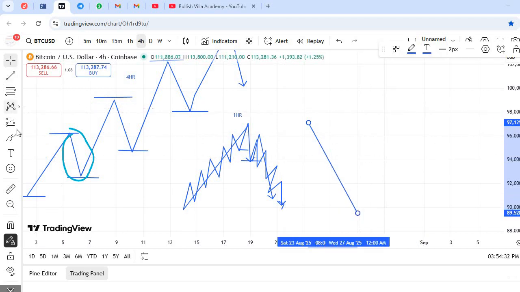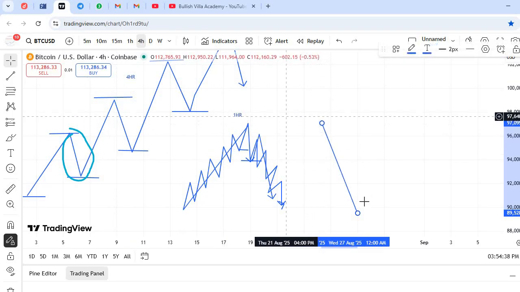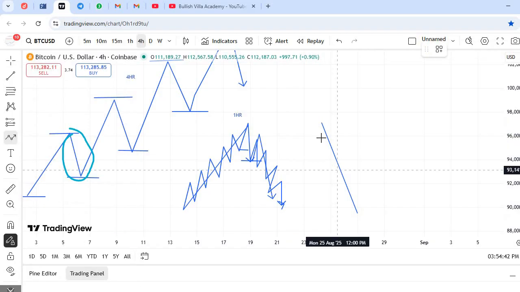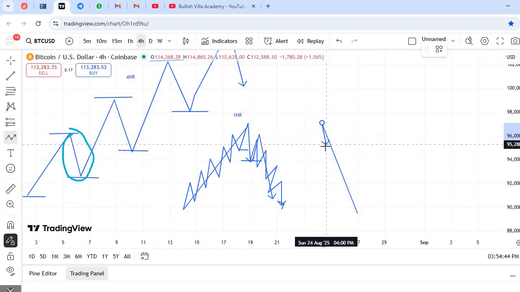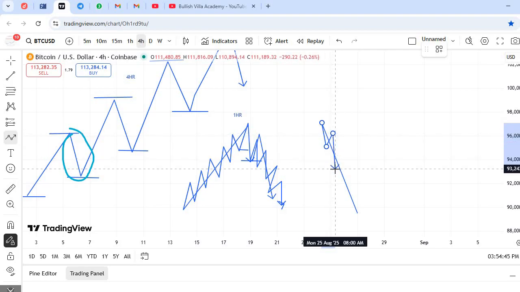So what we now do is that this is on a 4-hour time frame, so we want to bring it down to 1 hour. So for the 1 hour time frame for the retracement, we'll be having something like this. Nice.